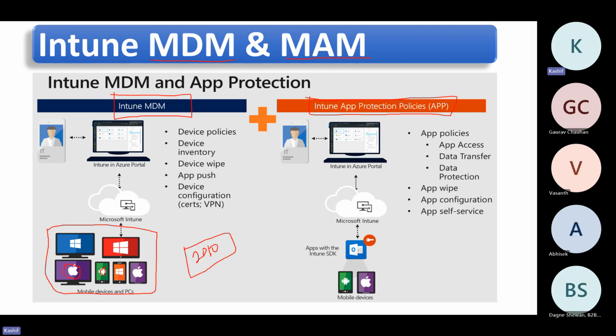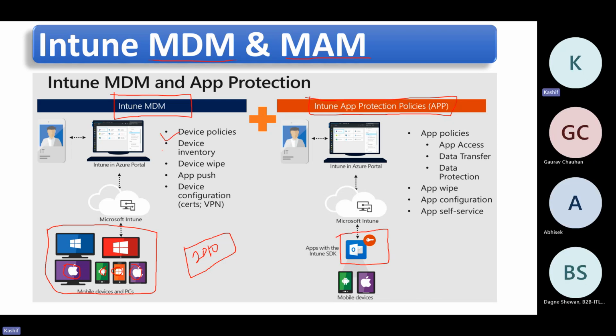Android, then Windows Phone, then iPhone, iPad, plus Linux devices. So it manages those operating systems. Plus you can manage mobile applications, right? So you can do what? You can do device policies, deployment, device inventory, device wipe, application push, device configuration, etc.